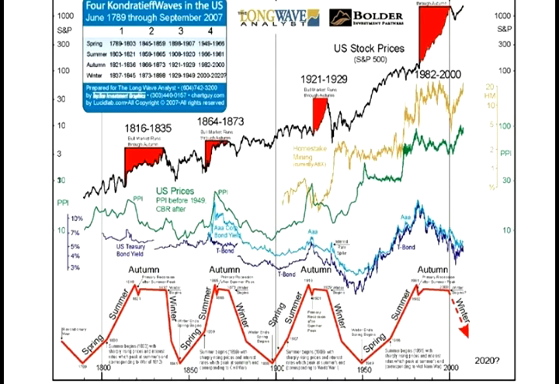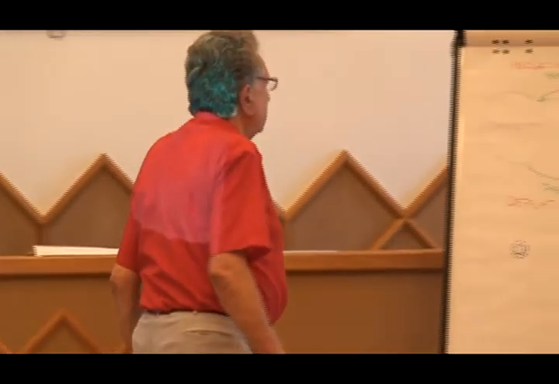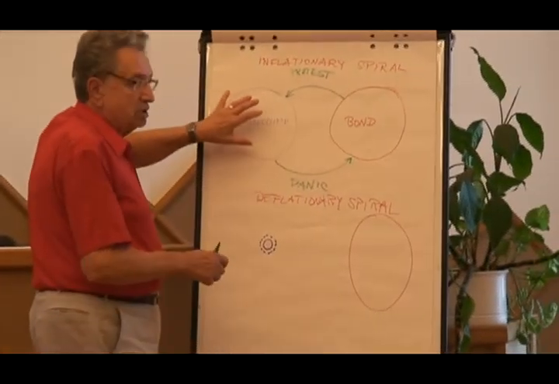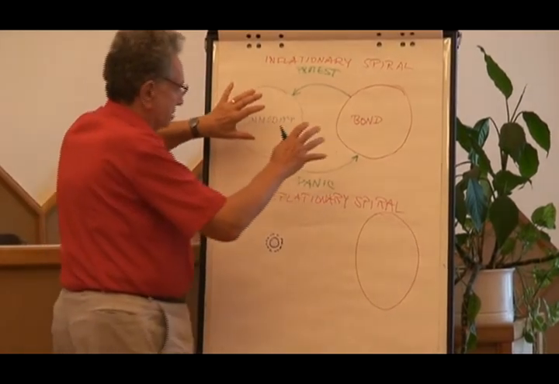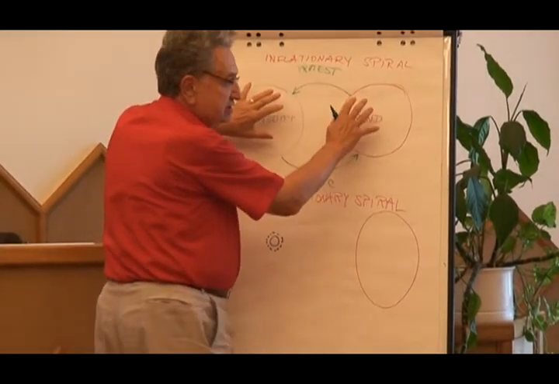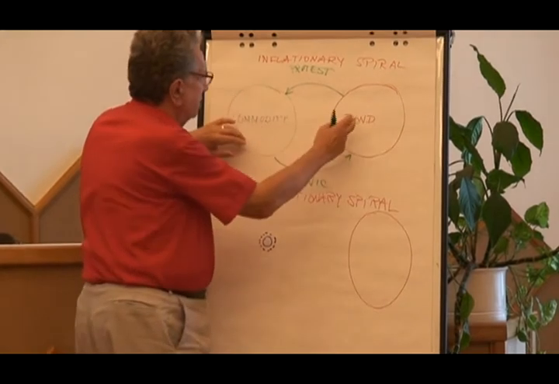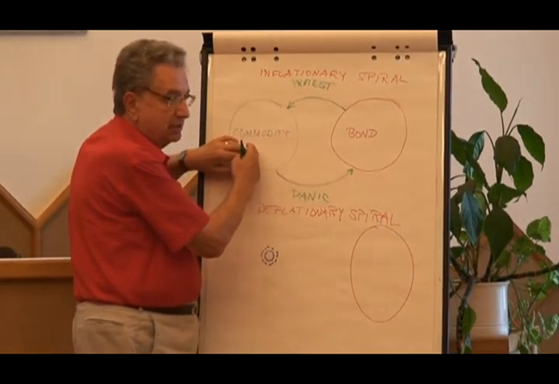And what I'm suggesting is that all this is explained by the model I have indicated here, which was concentrating our attention on these two markets, the bond market and the commodity market.